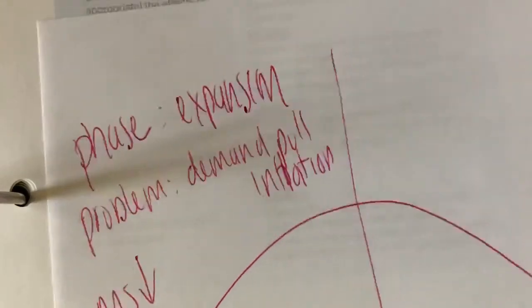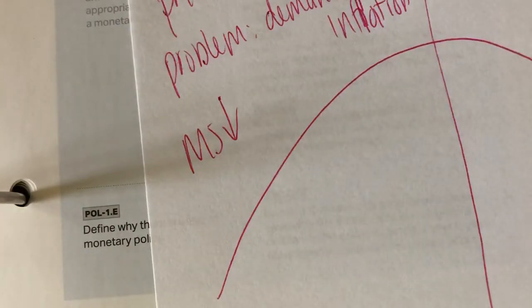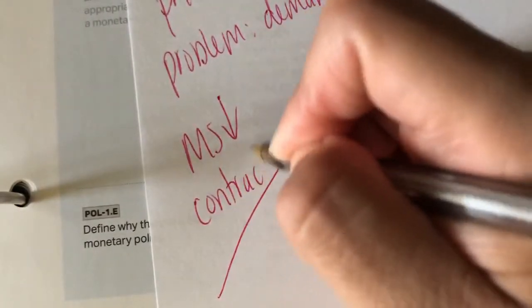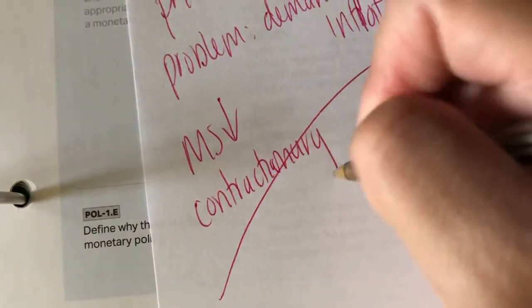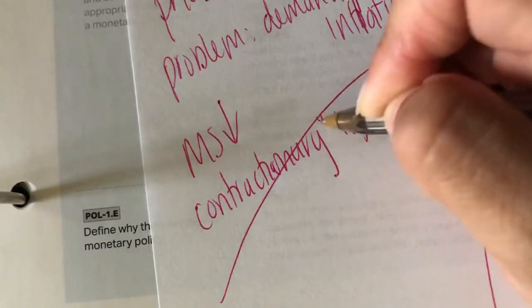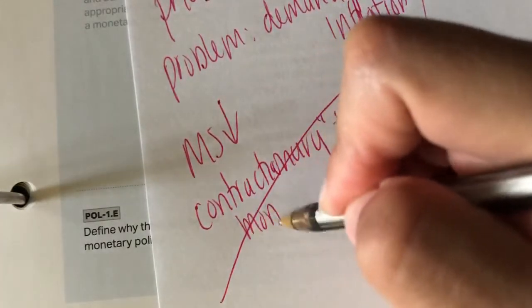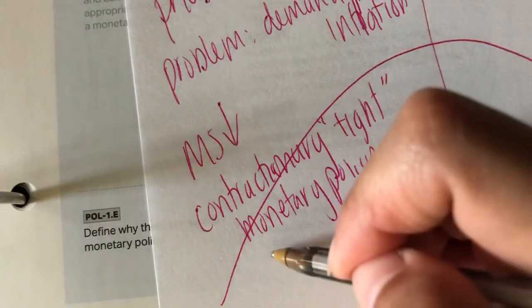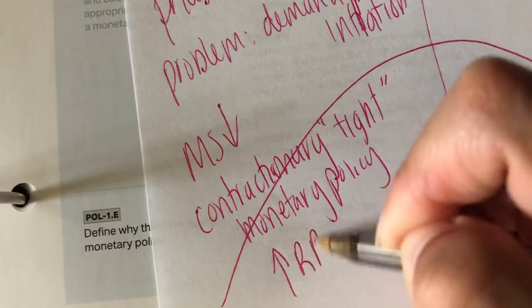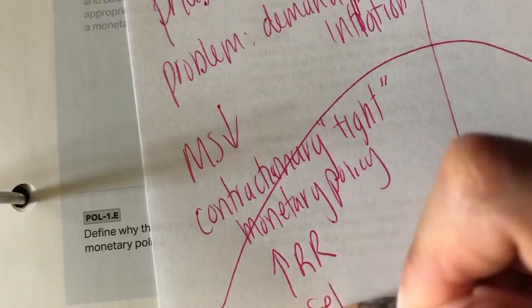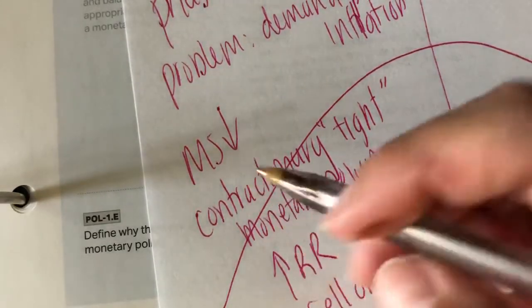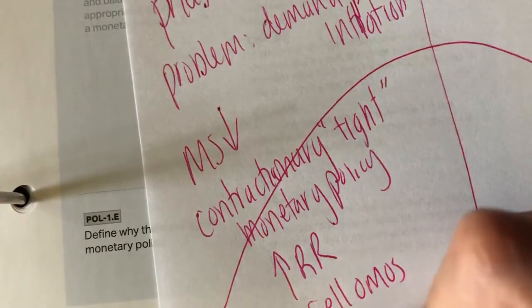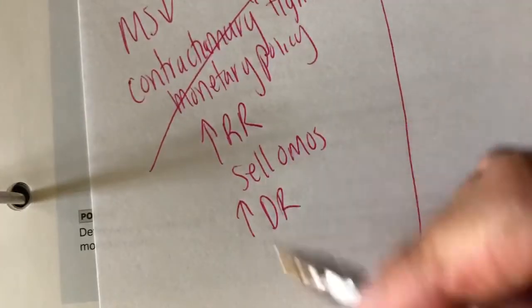To tighten the money supply, the Fed is going to implement contractionary, or I call it tight, monetary policy. That was my nickname for it. What that will do is they're going to increase the reserve requirement. They're going to sell OMOs, because when they sell them, they bring in that money, and they're going to increase the discount rate. All of this will impact our money market.